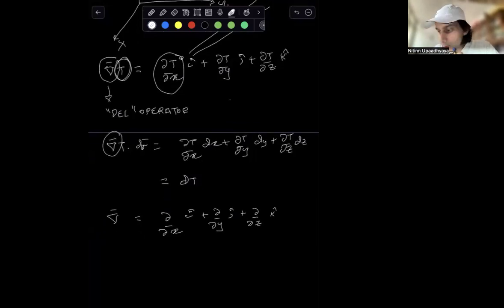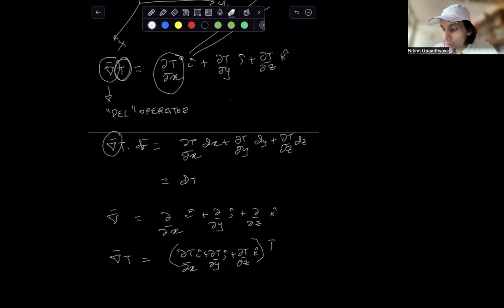And when it operates, say on the temperature field T, the temperature field goes in, and we take the partial derivative of the temperature field with respect to each of these directions. So then you end up getting ∂T/∂x i plus ∂T/∂y j plus ∂T/∂z k. So that's the del operator.